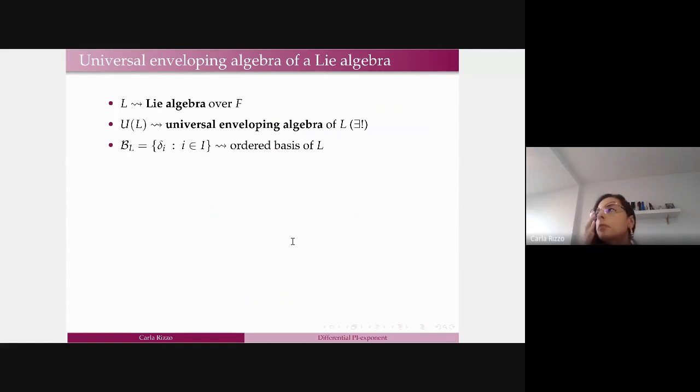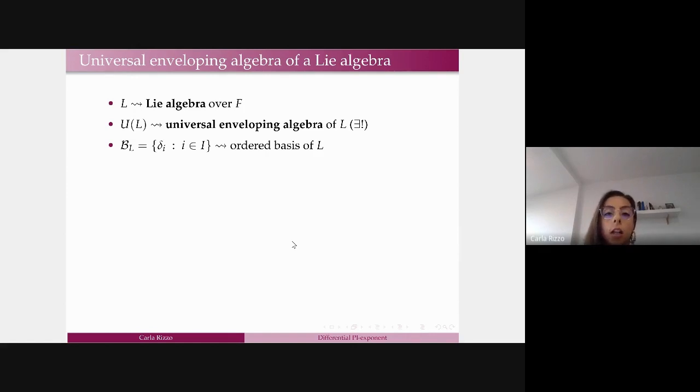Now, as I told before, the product of two derivations is not a derivation. So when we define an object with an action of derivations, we have this problem that we have to deal with the composition of derivations, which is not in general a derivation. To avoid this problem, we are going to consider the universal enveloping algebra of our Lie algebra.